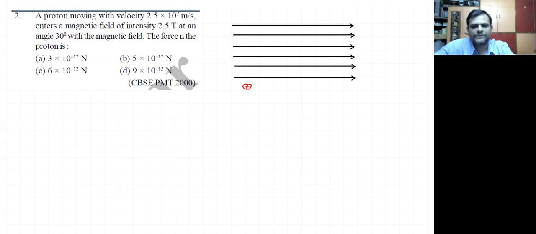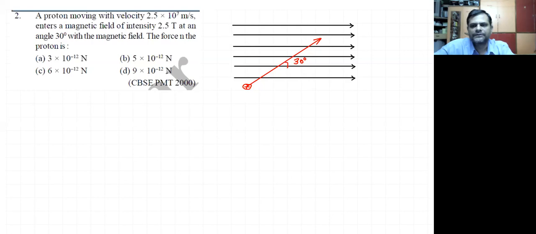And suppose this proton is just moving in this magnetic field by making an angle of 30 degree with this field here in this way. So if the proton is going in this direction, then in this situation how much force will act on this proton, that we have to find out.